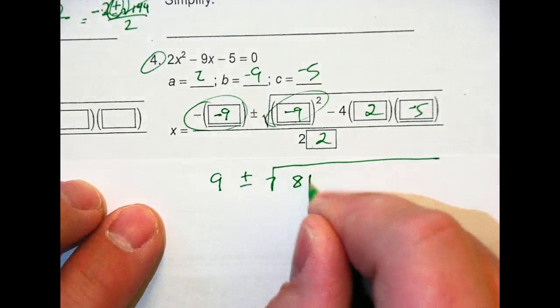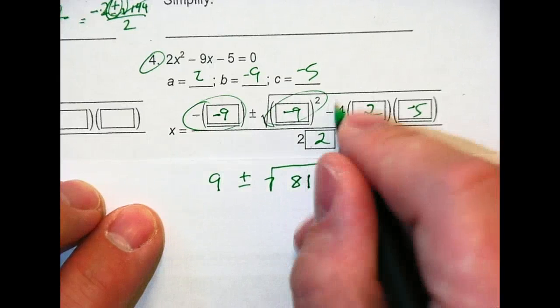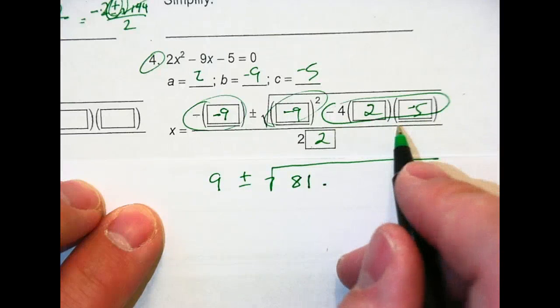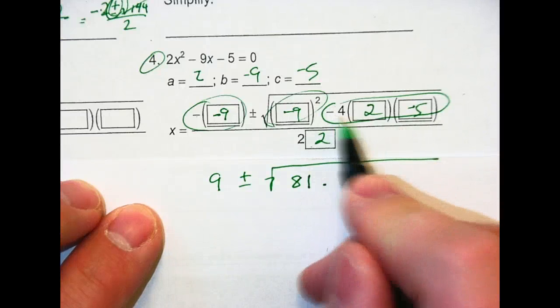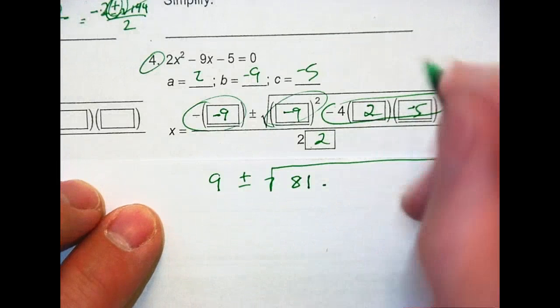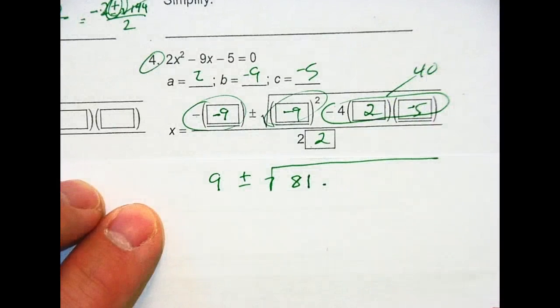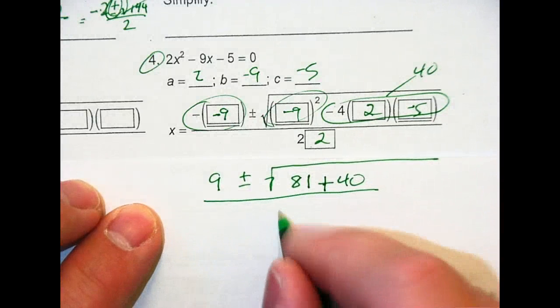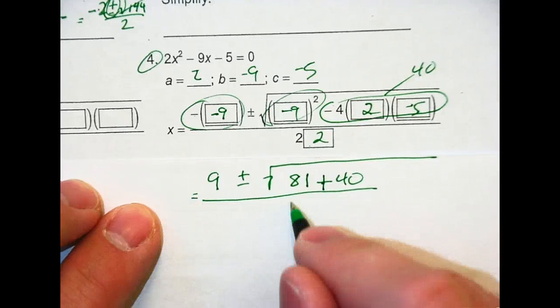Everyone agree? 81. Minus 4 times A times C, is this going to be a positive or negative amount right there? Positive. What do we get? Yeah, this is 40. Okay? So it's a positive 40, so we have plus 40 all over 4.